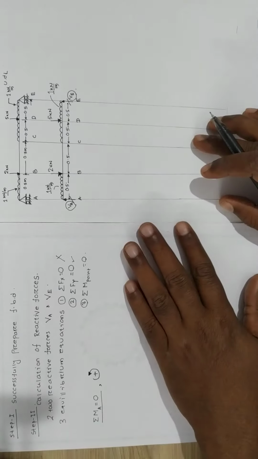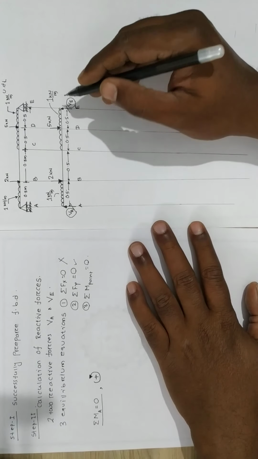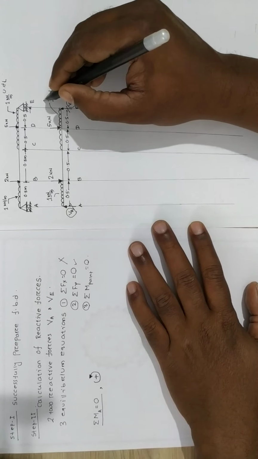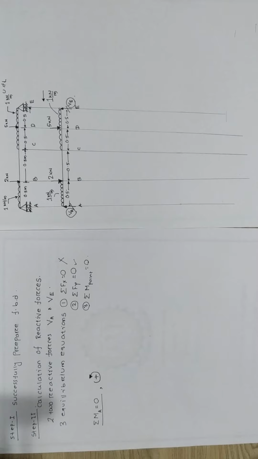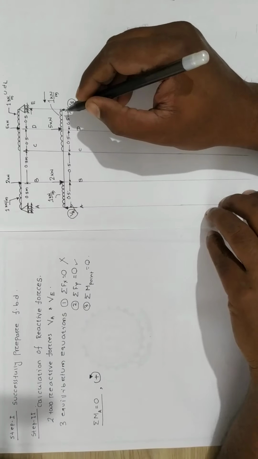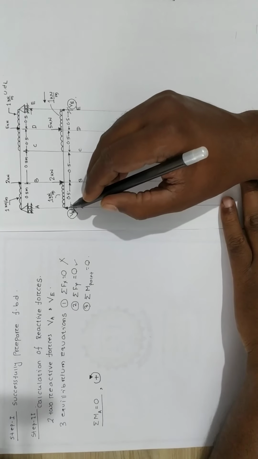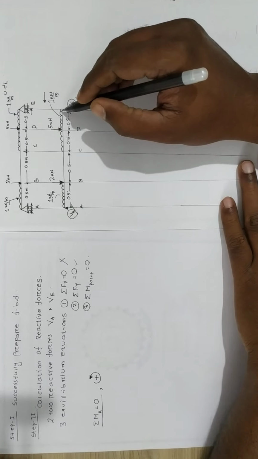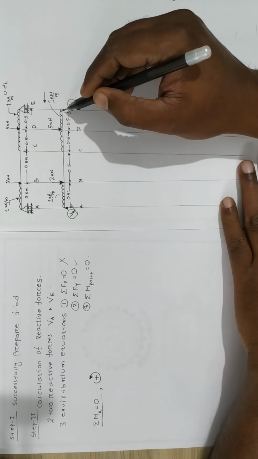So here you see, I will start from the right hand side, from this portion. Okay. So due to this vertical reactive force VE, what is the moment at A? Moment is force into perpendicular distance.